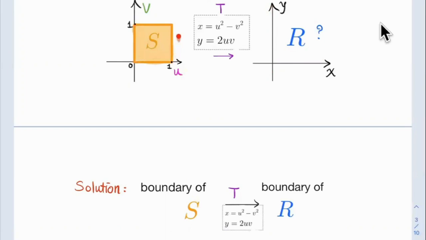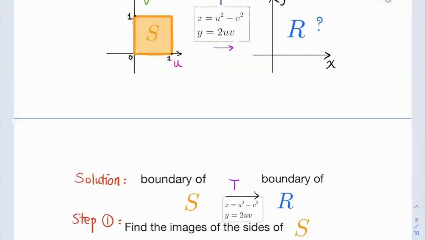The boundary of this S under this transformation is going to map to the boundary of R. So we're going to begin by finding the image of the sides of S, and we consider each side over here. So divide this into 4 sides. So step 1 is to find the image of the sides of S.